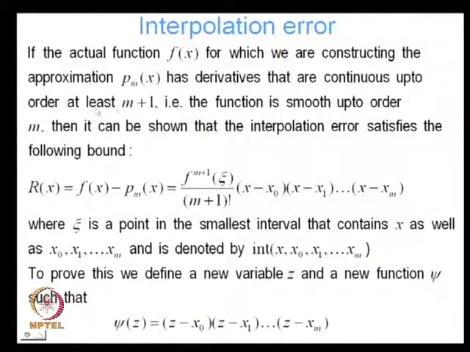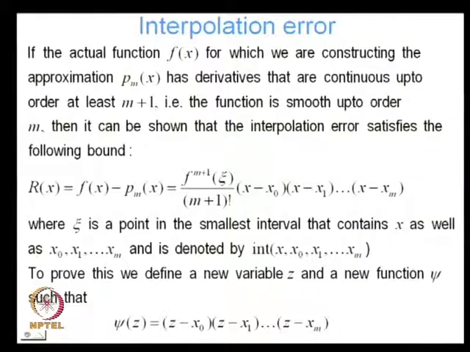But the only restriction I am imposing is that it is continuous up to order m plus 1. If this function is continuous up to order m plus 1, then I can get an expression for the error by approximating the function f of x by this polynomial of mth order. I am going to get an error, right, because the actual function is not an mth order polynomial.